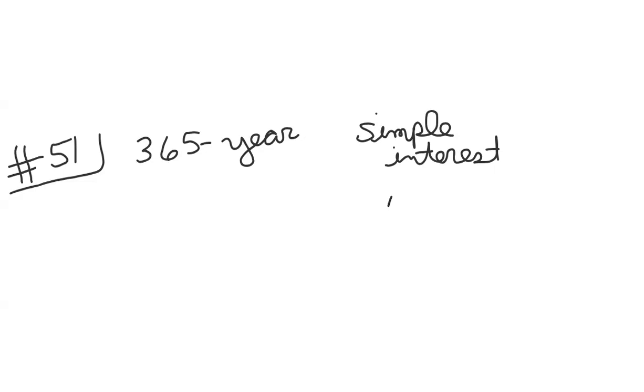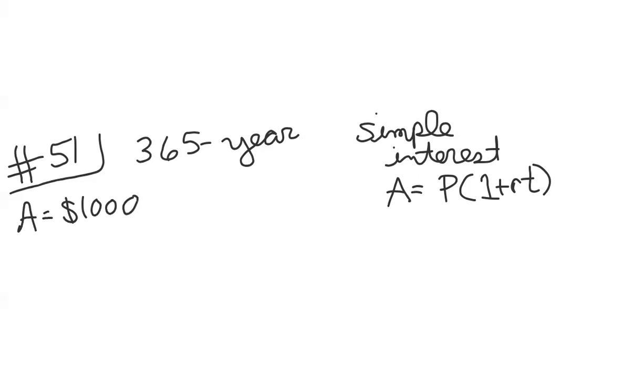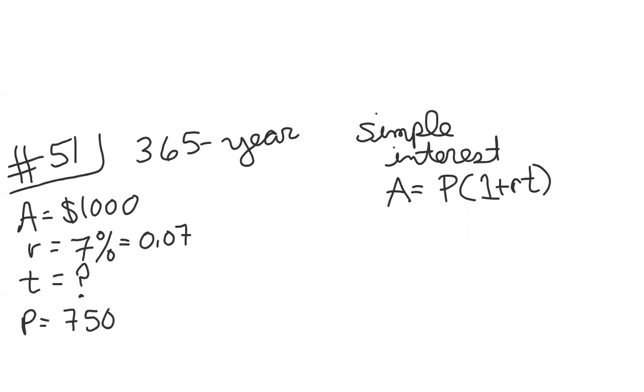So simple interest has a future amount of P times 1 plus r times t. This problem gives us a future amount of $1,000, a rate of 7%, which is 0.07 in decimal form, a time frame that we're looking for, and a deposit of $750.